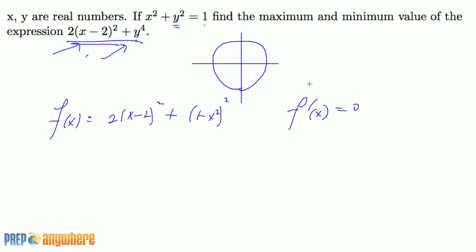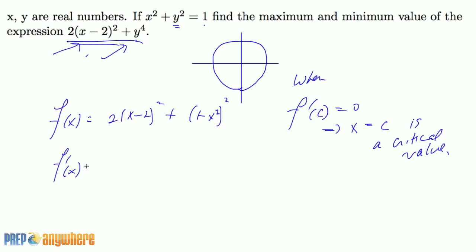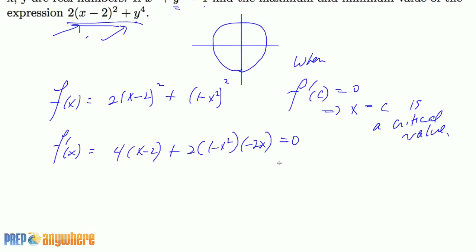Right? We need to investigate this. So let's differentiate it first, and you get 4x minus 2 plus 2 times (1 minus x squared) times minus 2x. So let's set that equal to 0. I can divide both sides by 4 and you get x minus 2 minus x times (1 minus x squared).